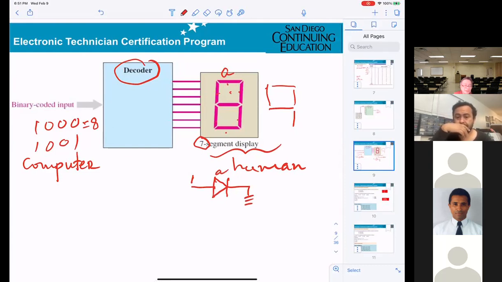So depending on what letter, what number, they turn on, turn off diode. Example, you get an A here, B, C, D, E, F, G. If you want the number 9, they turn on A, B, C, G, F. Okay?